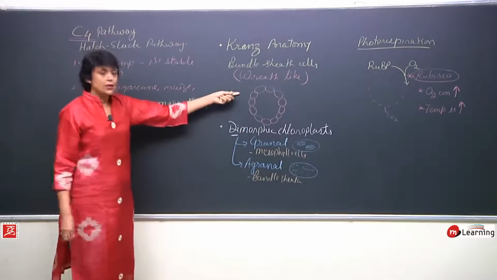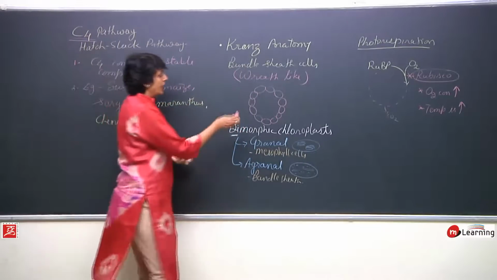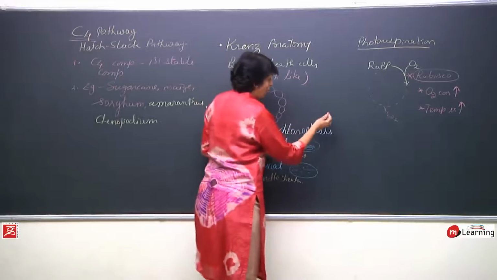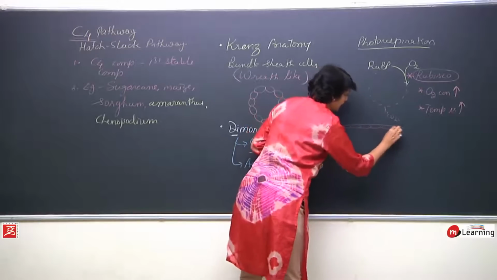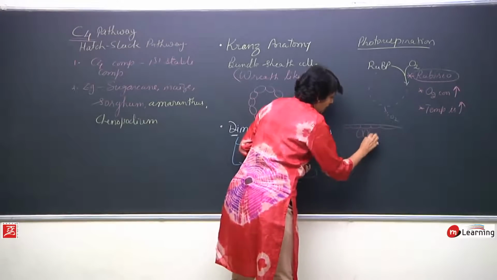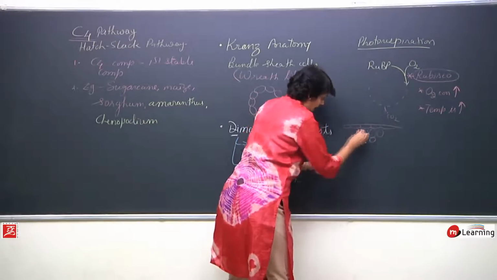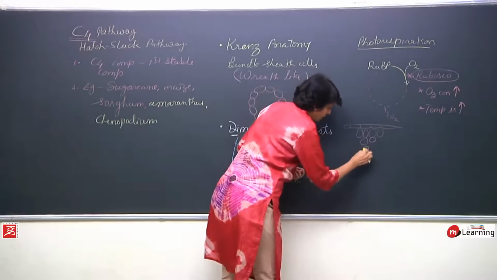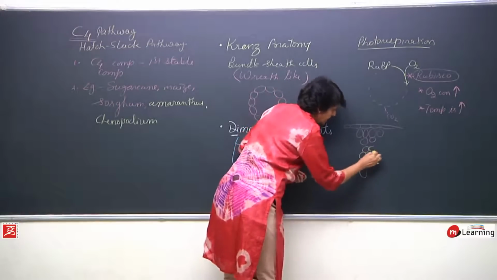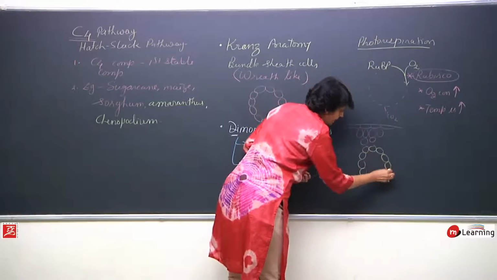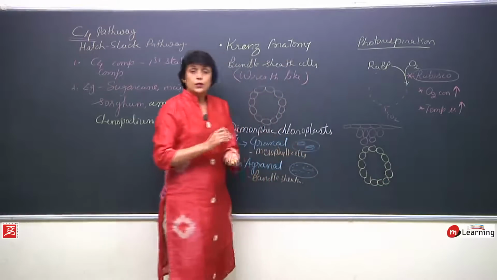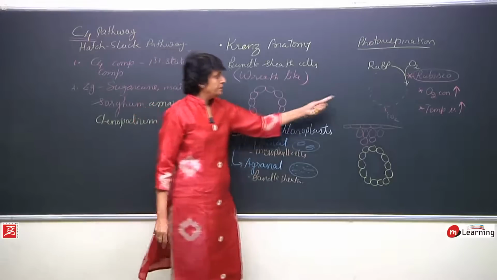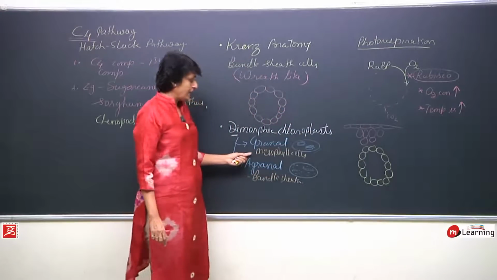Let us come back to the bundle sheath. Now if we simply draw a leaf structure, maybe say this is the epidermis and here would be the mesophyll cells and the bundle sheath, with the wreath-like arrangement of the bundle sheath. So two things have been done. There are two types of chloroplast.